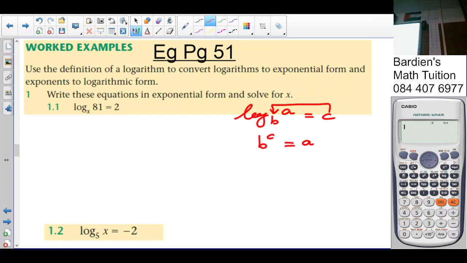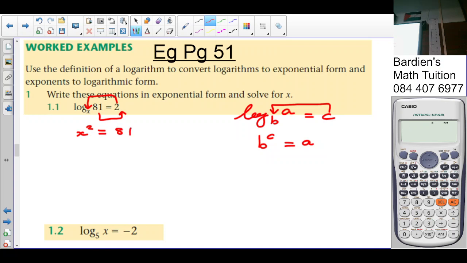Remember that the base remains the base, and vice versa. b to the exponent c is equal to a can be written as log a base b is equal to c, so your exponent is the subject of the formula. So if we convert back to exponential form, then that will be x squared is equal to 81.